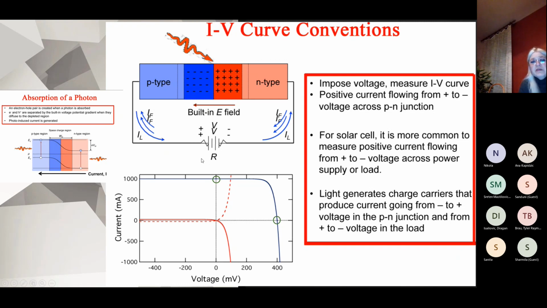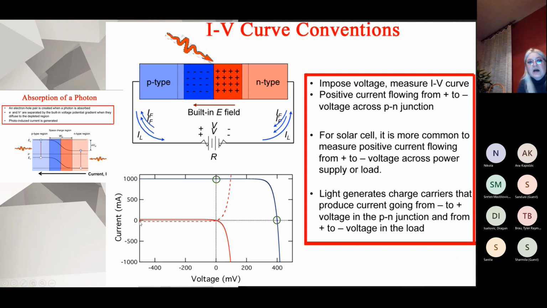So here we have some resistor, which we can say is some power load in our case. That means if we measure the current going from the positive to the negative pole across the power load, this current has the opposite direction to the forward bias current.